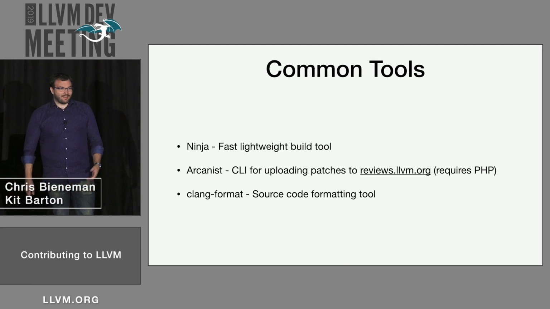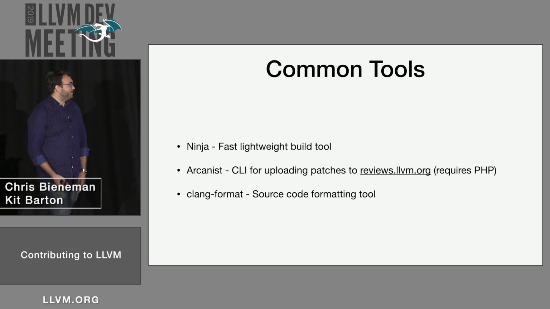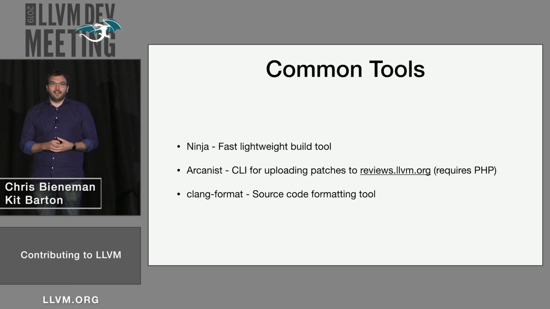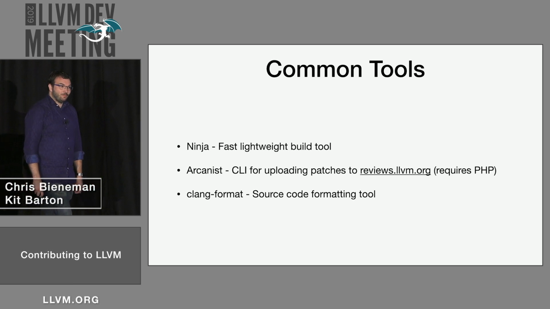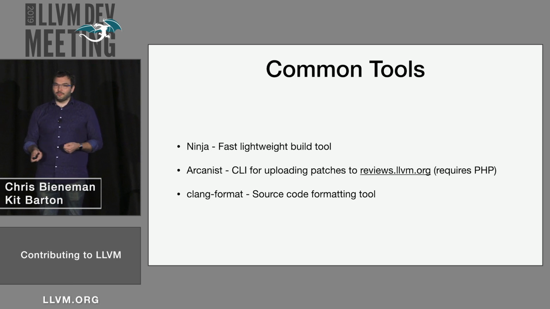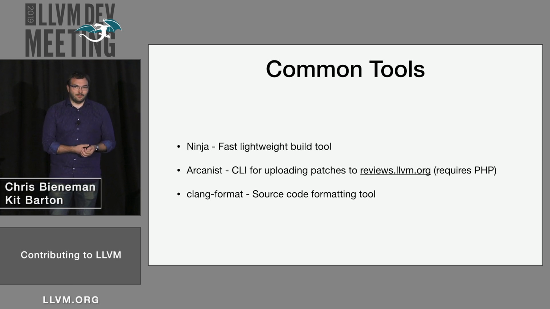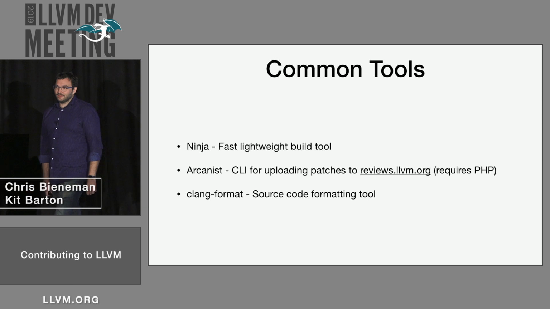We also have a set of common tools that many people in the community use. Ninja is really popular as the build tool. You can think of it as a modern implementation of a Makefile-like build system. It's a really simple but really efficient build system. Arcanist is a command line interface tool. We're going to demo some workflows with both Ninja and Arcanist that go through how to upload code patches to our review site.